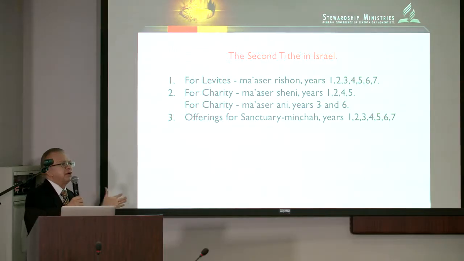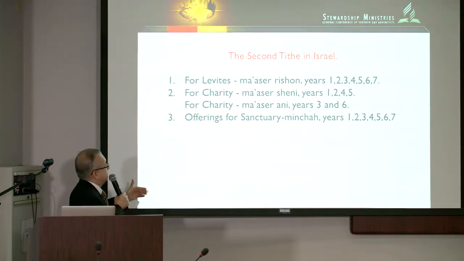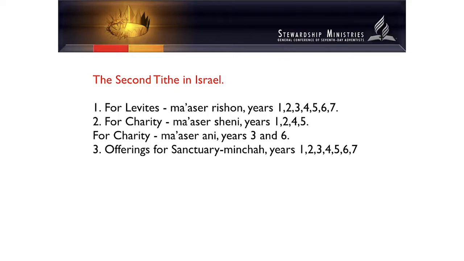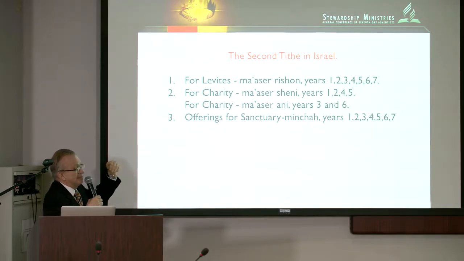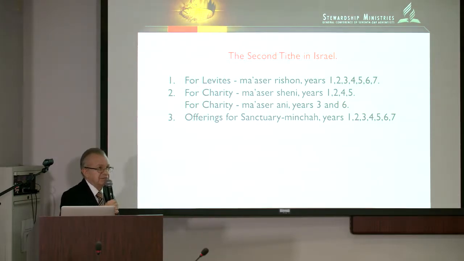Now, how do we tell the difference between the tithes? Well, the first tithe, that is the tithe for the Levites, is referred to as maser rishon.